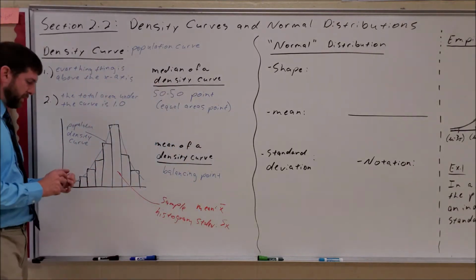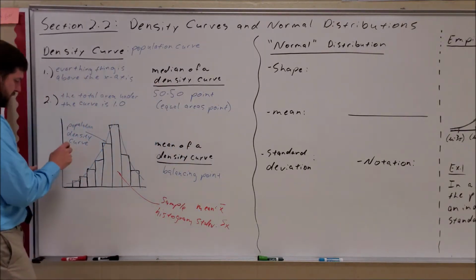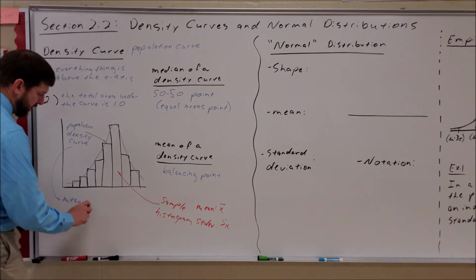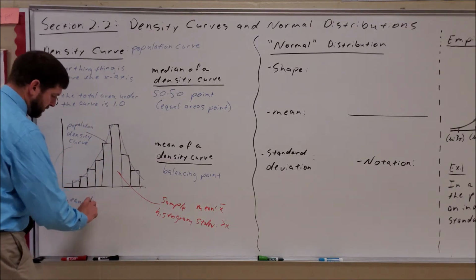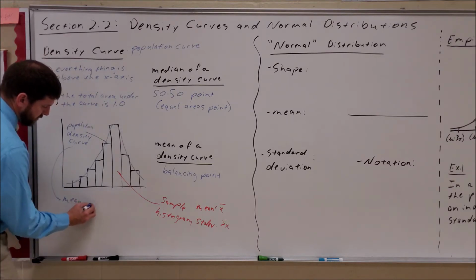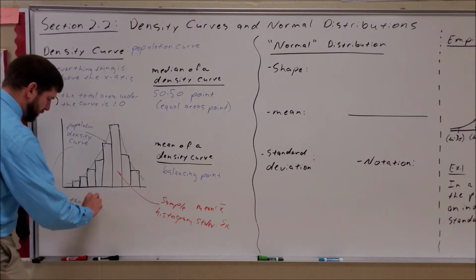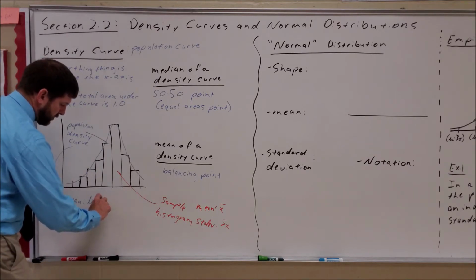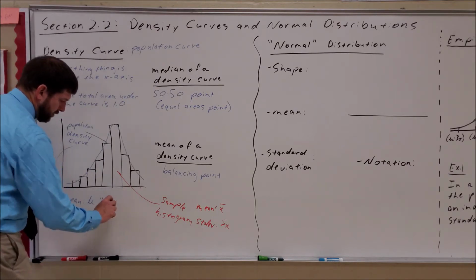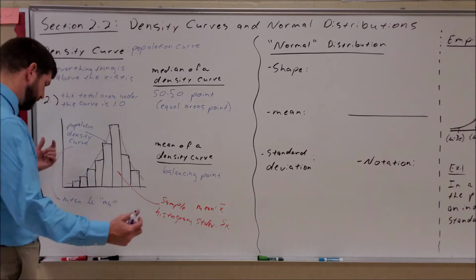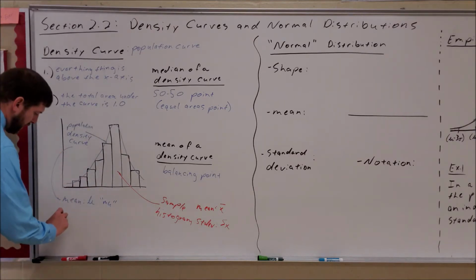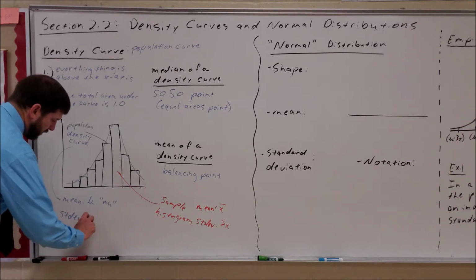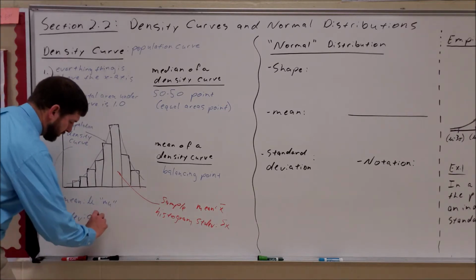When we're dealing with a population, we're going to change those up a little bit, and the mean is going to be this symbol right here. I can draw it a little better for you. That symbol is the Greek letter mu. And its standard deviation is going to be sigma.